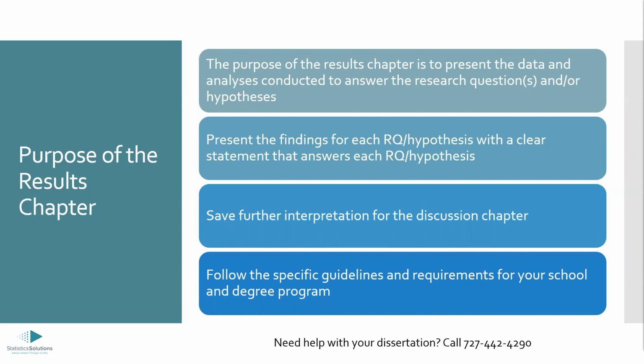So some schools may require more sections, some schools may require different sections than what we present here. Sometimes they want the information in different sections than we outline here. So you want to make sure that you always follow the specific guidelines outlined by your school or your degree program.